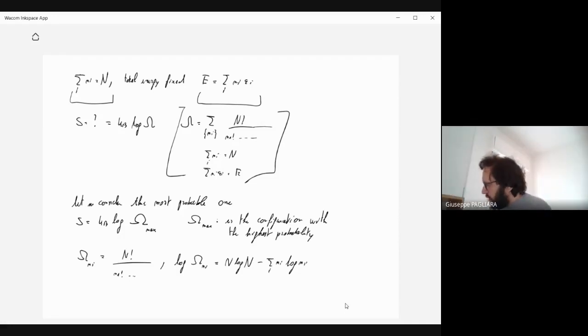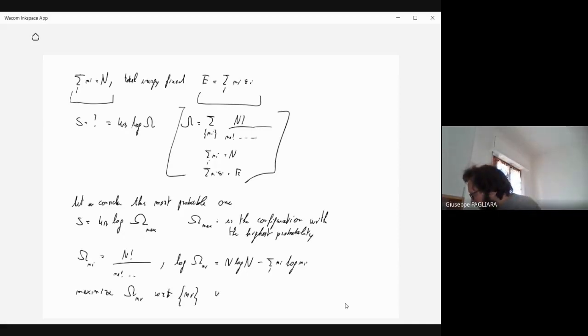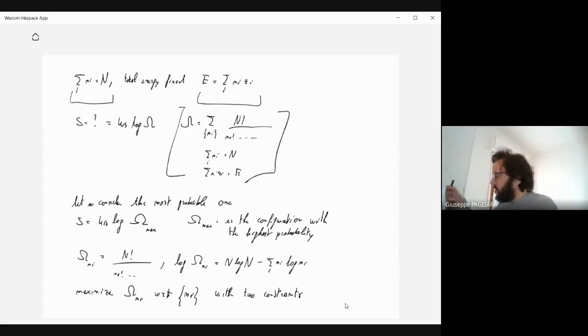Okay, so now what I have to do is maximize with respect to the set of arrangements Ni with two constraints, which are the conservation of the number of particles and the conservation of energy.